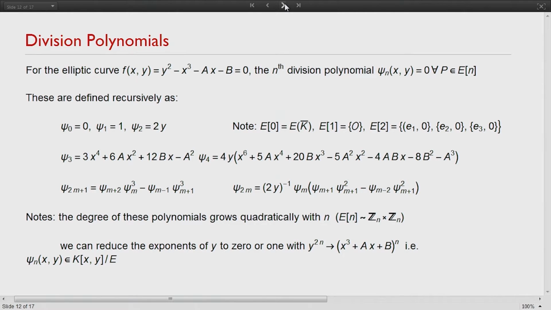So briefly, René Schoof's brilliant invention was to use a set of polynomials that are 0 precisely on points of order n, or points dividing n, the division polynomials. Their degree grows quadratically, but we can keep them simple and reduce by modding both over the curve, that is replacing all even powers of y with an even power of x, and also, of course, modding by the field that we're in.